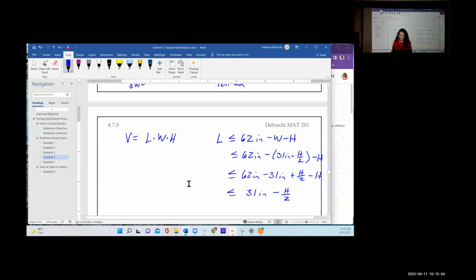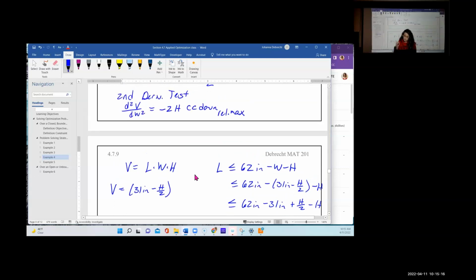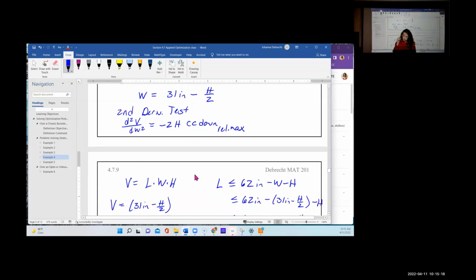So now I should have everything I need. My L is going to be 31 inches minus H over 2. My W was 31 inches minus H over 2 as well. So that's 2 of them. So it's squared times H.